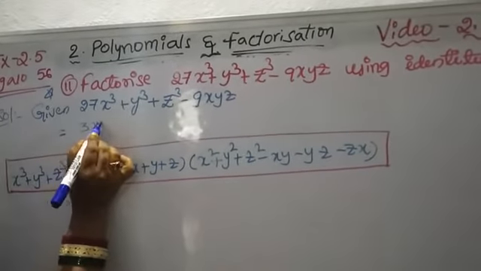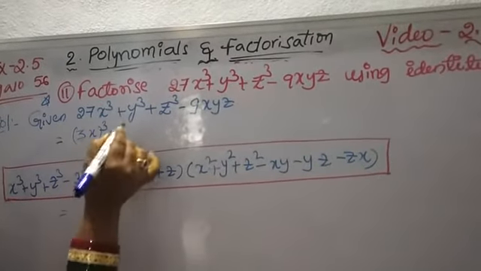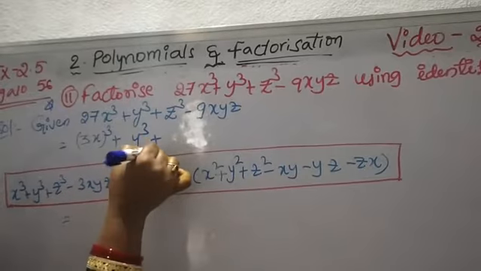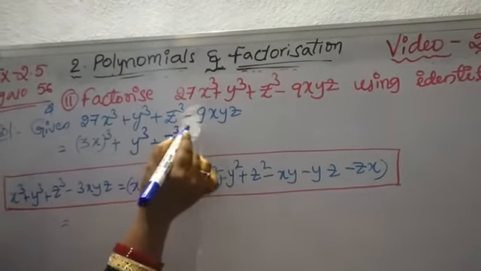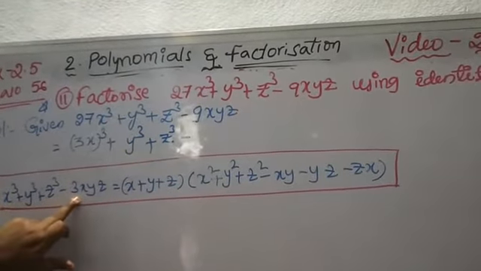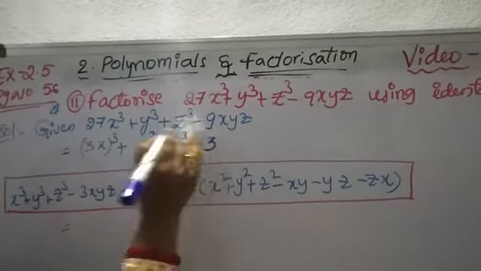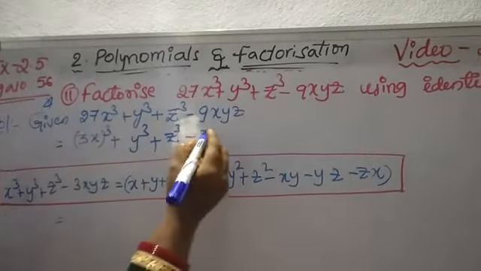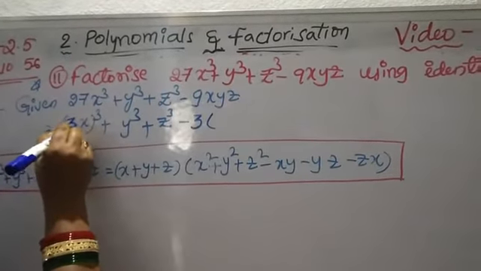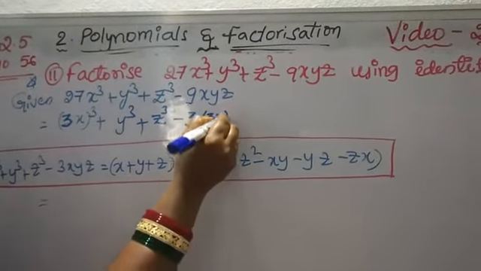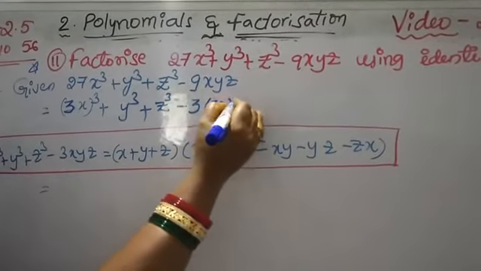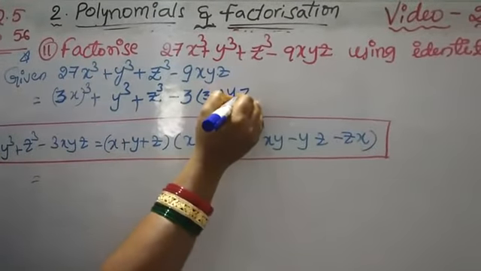So 3x whole cube plus y, it is single only, as it is, z cube minus. In the algebraic expression it is starting with 3, so here also we can mention 3 into x. In the place of x we have 3x, in the place of y only y, in the place of z we have z only.